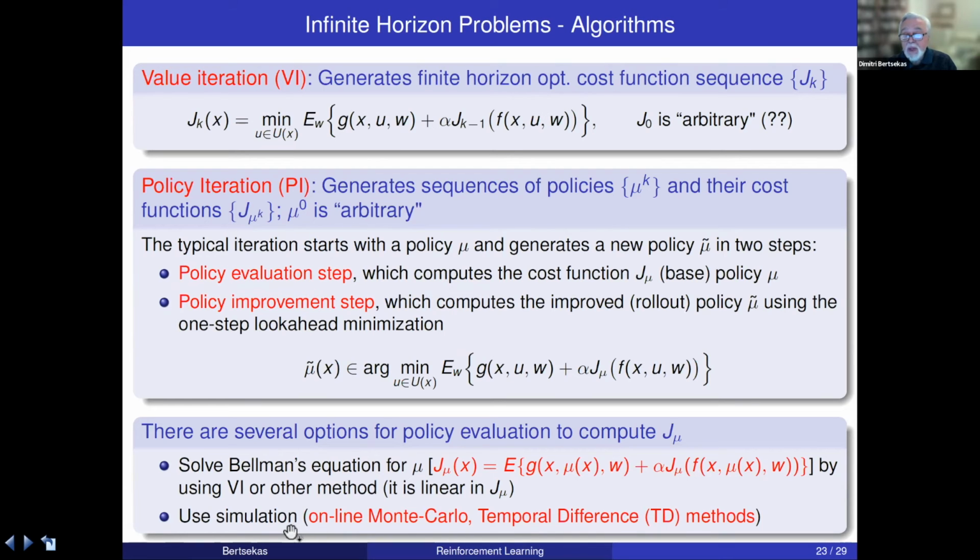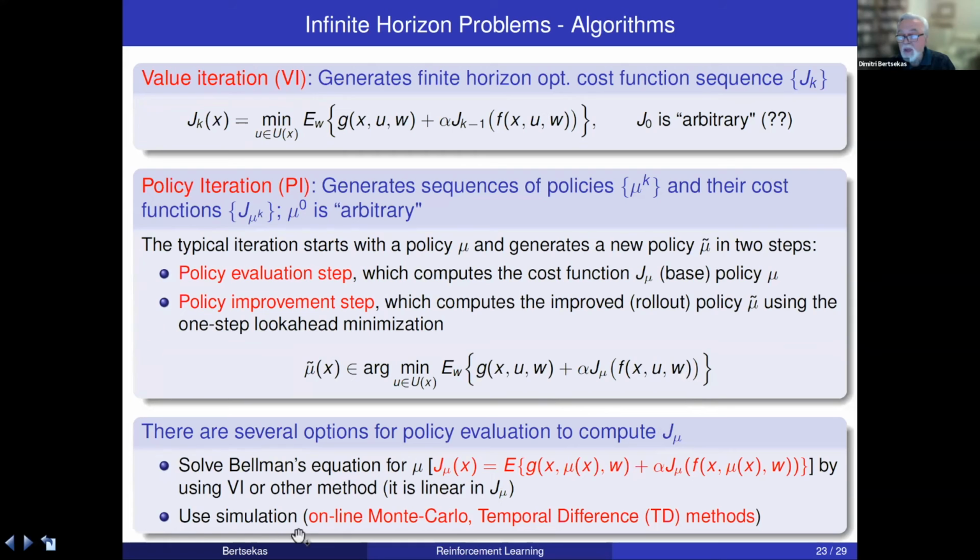The other possibility is to calculate the needed values in this one-step look-ahead minimization. You need J mu from some next state. You can run a Monte Carlo simulation from that next state using the policy and average the results to get the expected value of that.